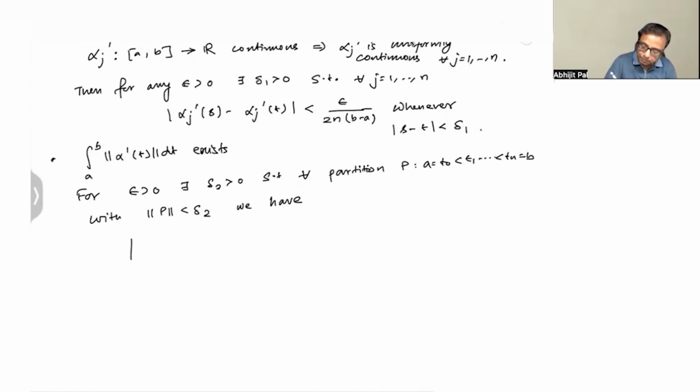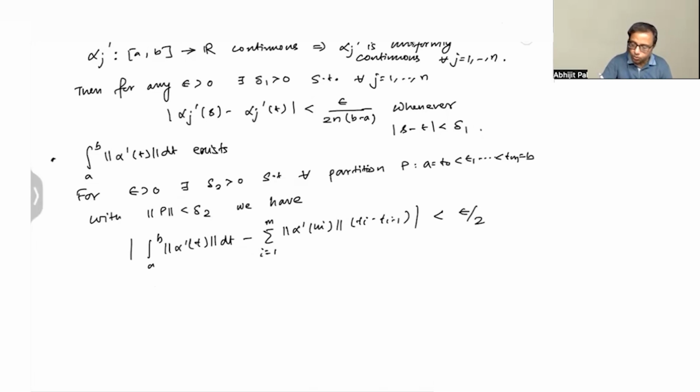So mod of this integration a to b norm alpha prime t dt minus this Riemann sum, here we have to take m because n we already have, so i equals 1 to m summation alpha prime ui times ti minus ti minus 1, is less than epsilon by 2, where this ui belongs to this interval. Okay.